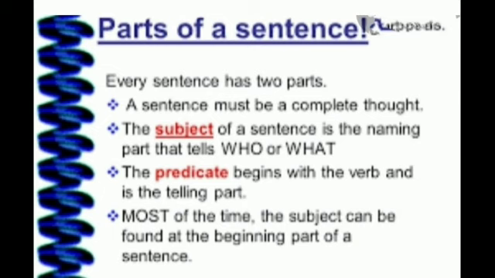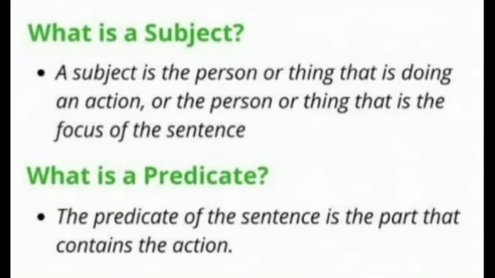Most of the time, the subject can be found at the beginning of a sentence, or it may be in the middle part of the sentence. So, what is a subject? A subject is the person or thing that is doing an action, or the person or thing that is the focus of the sentence.